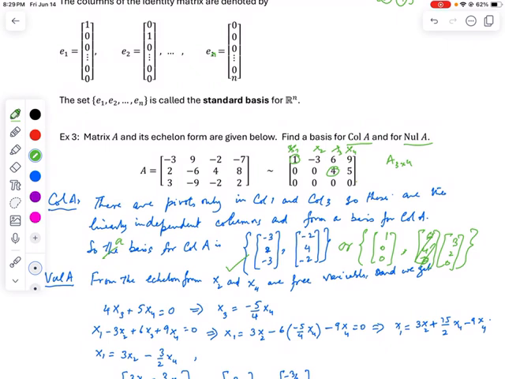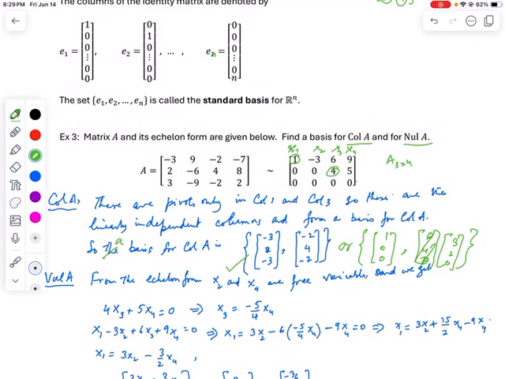Looking at the echelon form, we can notice that X2 and X4 are free variables. Why? Because in those columns we do not have a pivot. So free variables are the columns in which there is no pivot.